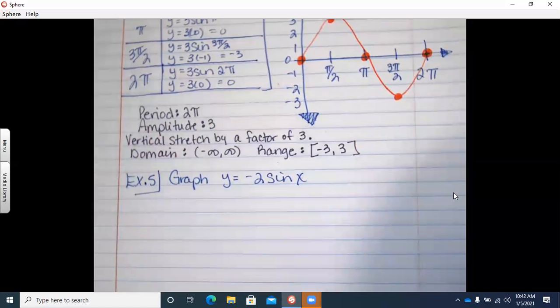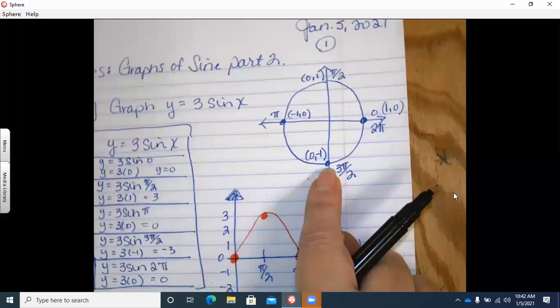So I already have my unit circle up here, so I don't need to draw it again. I like to have it on the page somewhere so I can refer back to it. I'm going to go ahead and make my table of values.